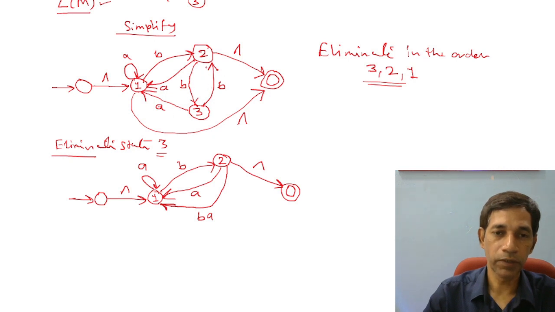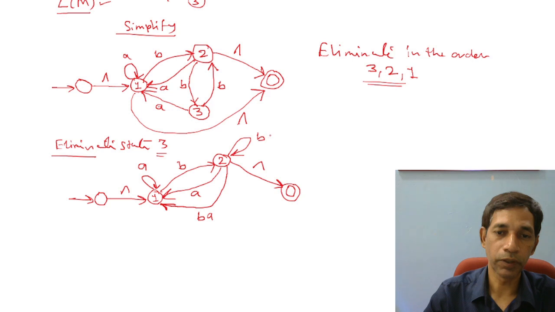Now the other possibility is that you are coming from state 2 to 3 for the B, then again you are going to state 2 for the B. This means you have a loop now. So you are starting from state 2 for the B. Once you go to state 3, you are taking the B, and for the B you are coming back to state 2.